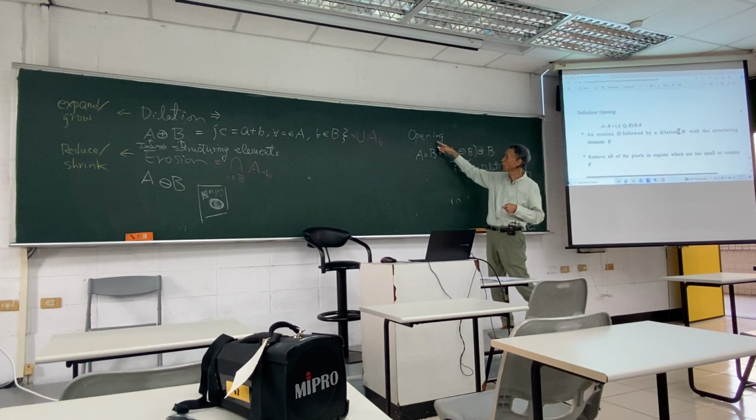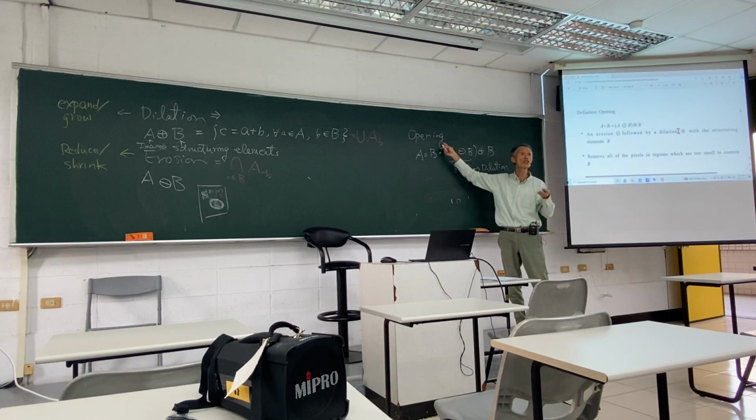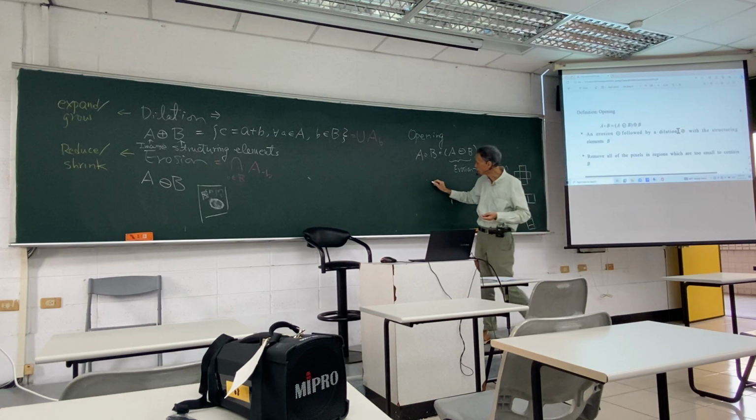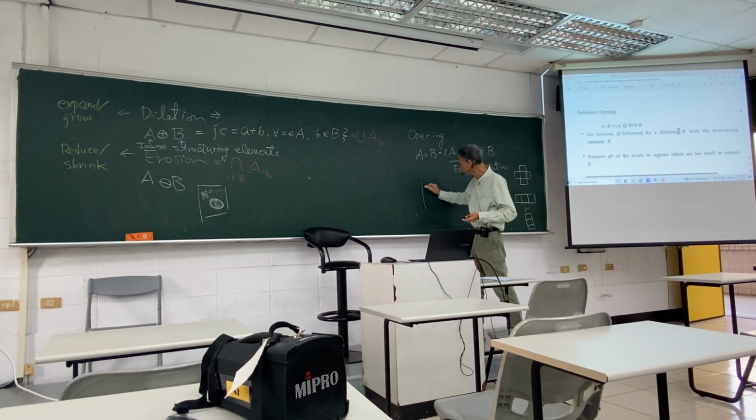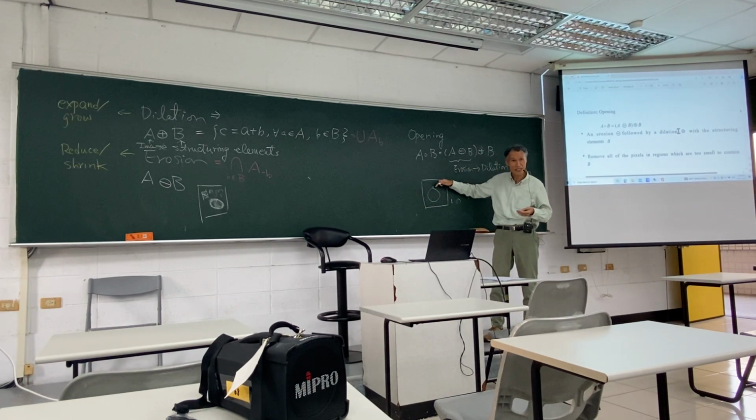That's the so-called opening. The purpose is usually to remove the noise. For example, in your assignment number 1, where you do the binary thresholding, after you do something, you might have some noise peak right here.